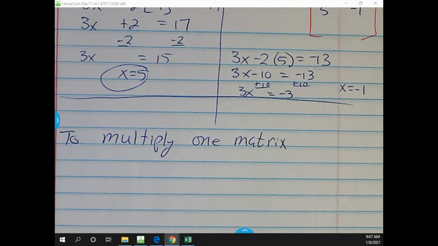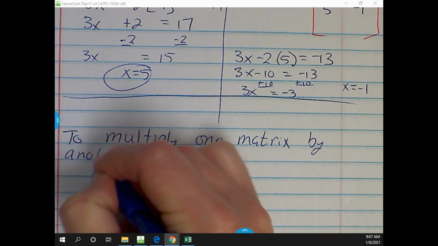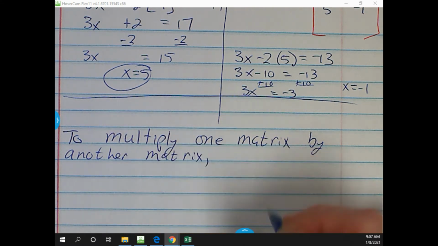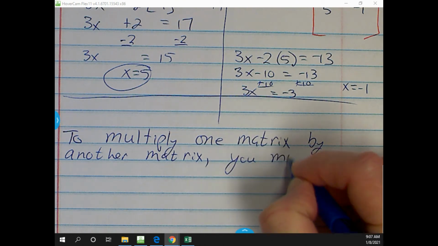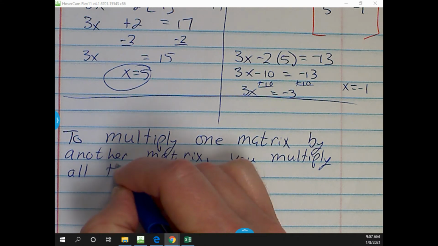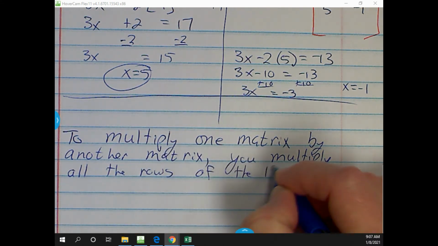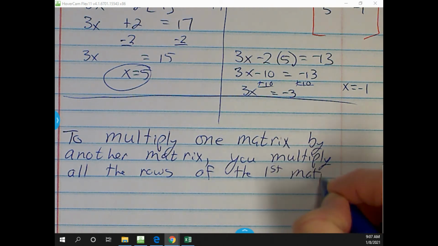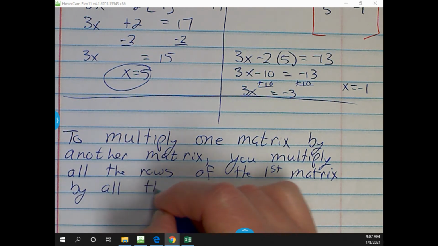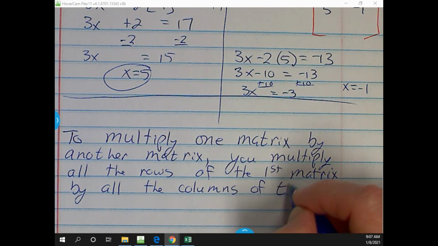Okay, and to multiply one matrix by another matrix, you multiply all the rows of the first matrix by all the columns of the second matrix.